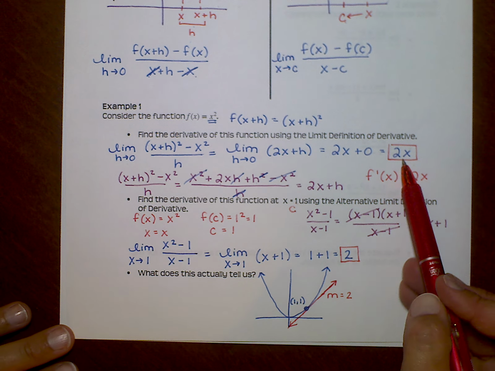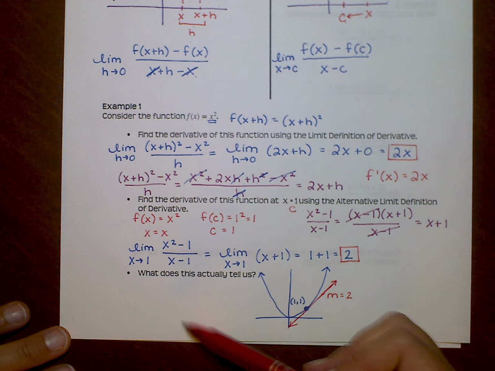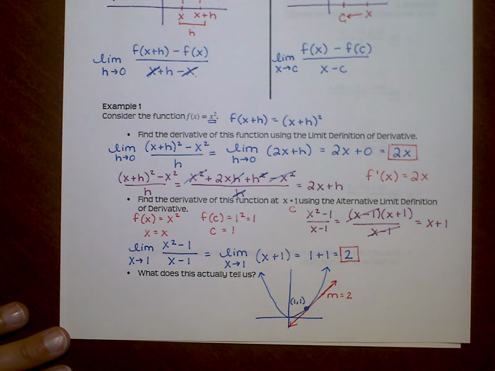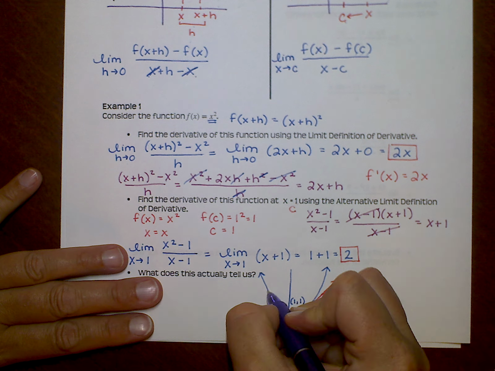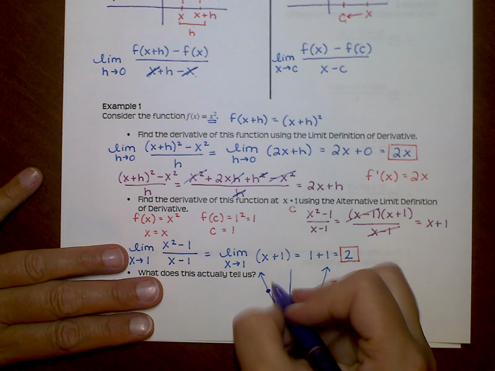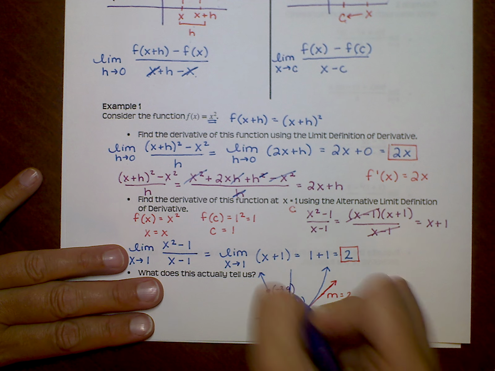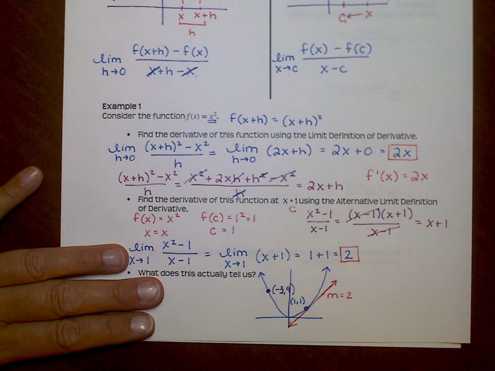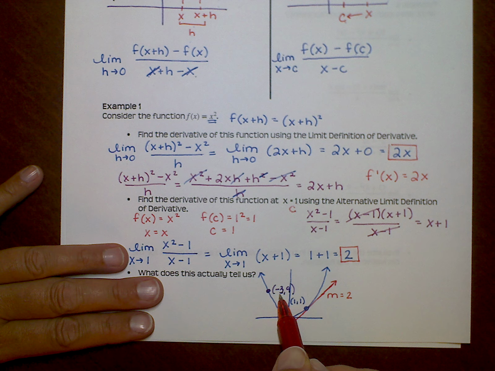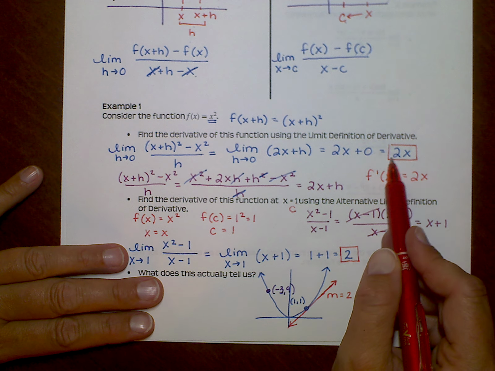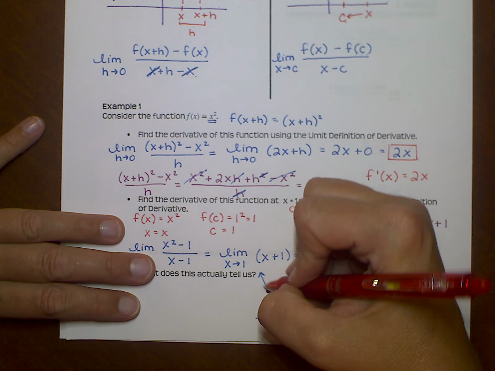Now, what this is telling us is that I should be able to go anywhere on this function. So let's suppose I go to this point here, which can be (-3, 9), because -3 squared is 9. I should be able to take this -3 and plug it in here. 2 times -3 is -6.